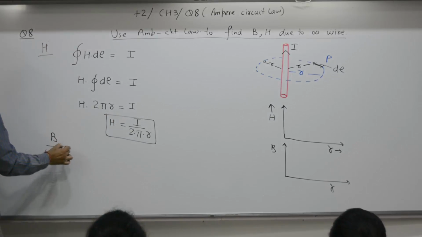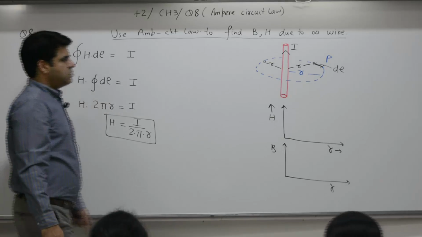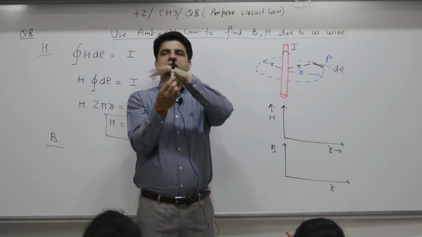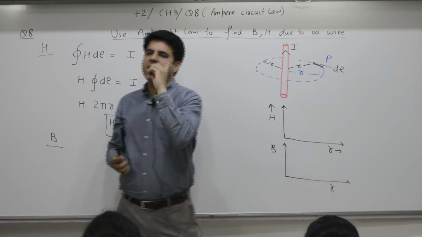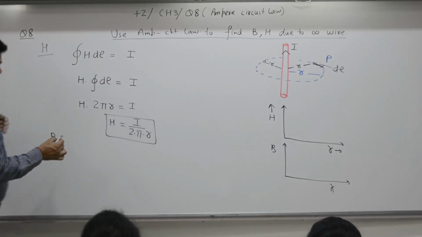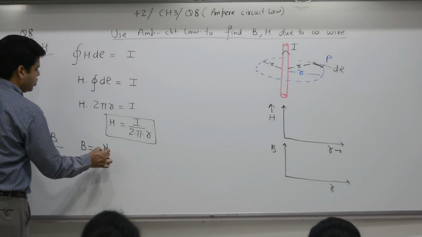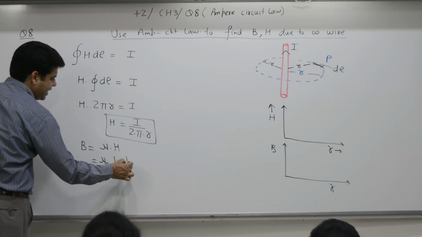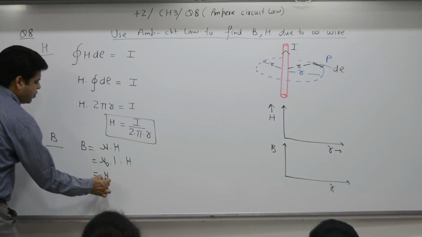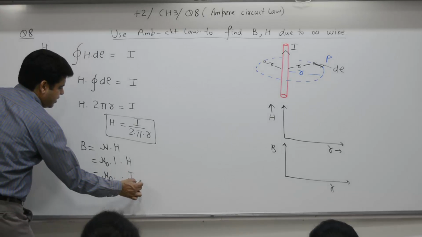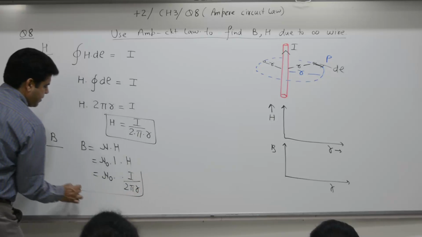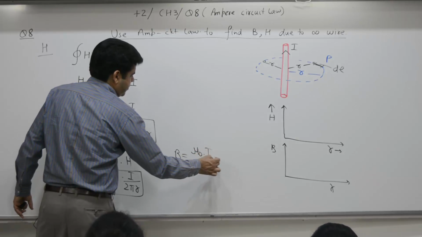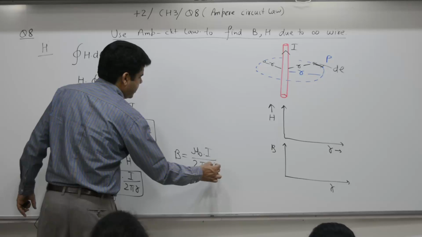Second part, how to find B. It is with an assumption that there is air surrounding this wire. In this case, what is the surrounding material? Air. For that you can take mu r equal to 1. So B is equal to mu times H, is equal to mu naught into mu r, which is 1, into H, is equal to mu naught into H, which is I by 2 pi r. So B is equal to mu naught I by 2 pi r.